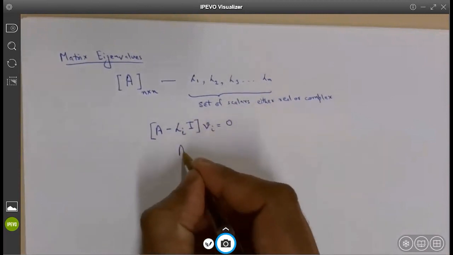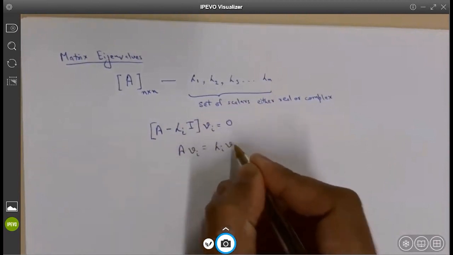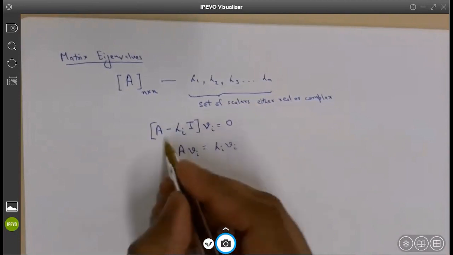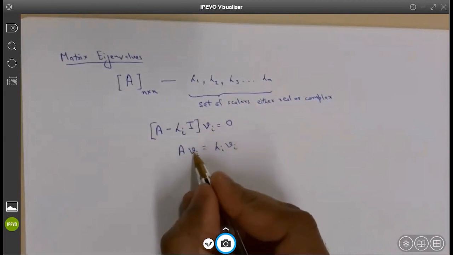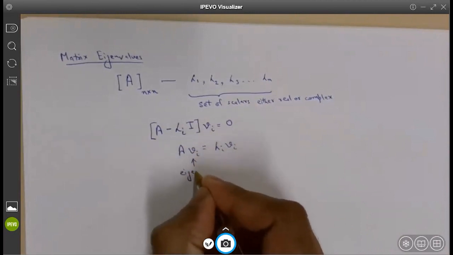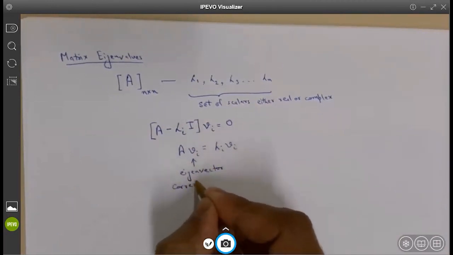It tells you that for every such scalar, there exists a vector which, when operated on by matrix A, remains the same. It does not change its direction. This is an eigenvector corresponding to lambda I.